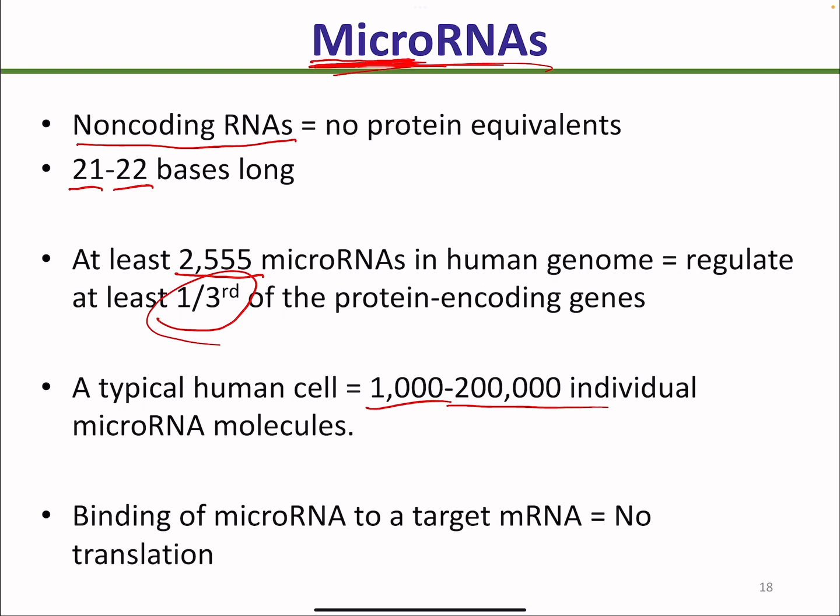All right? So the binding of microRNA to a target messenger RNA is going to interfere with translation. And by interfering with translation, there is not going to be any protein, right? That is basically what I mentioned earlier by saying post-transcriptional regulation.